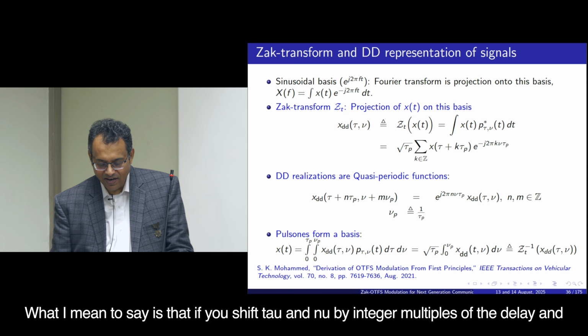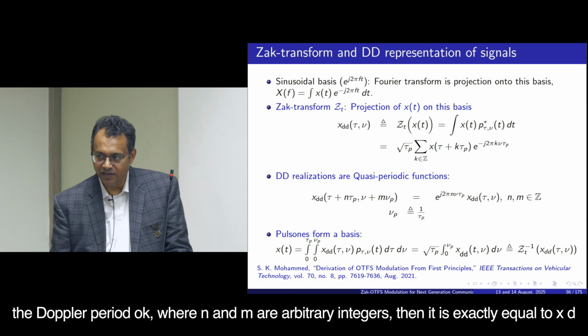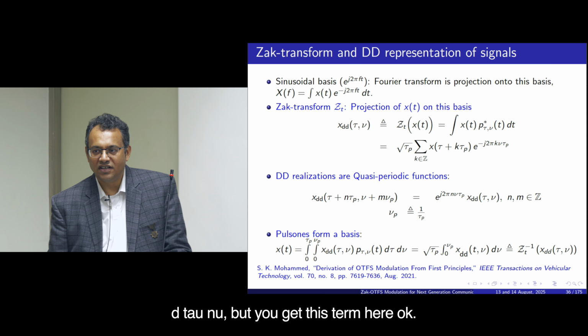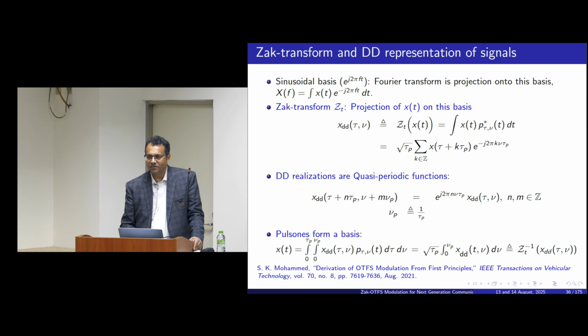What I mean to say is that if you shift tau and nu by integer multiples of the delay and the Doppler period, where n and m are arbitrary integers, then it is equal to x DD of tau nu, but you get this term here, okay.